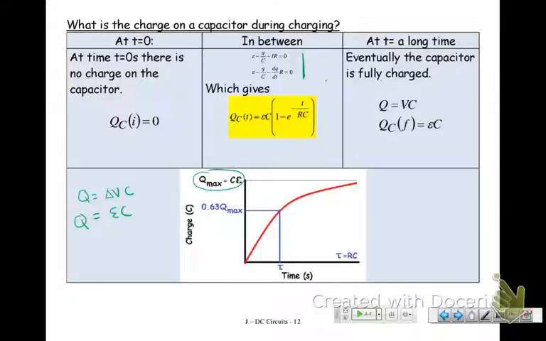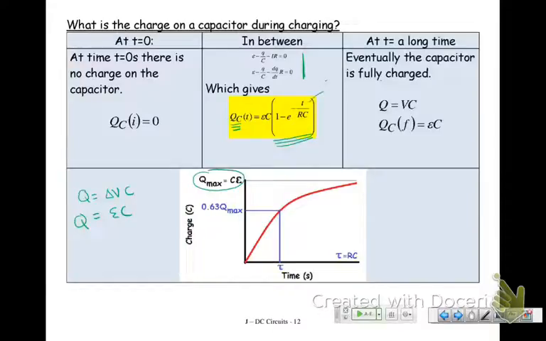So the Q for charging, my maximum charge, would be simply the EMF times C, my EMF times my capacitance. Eventually it gets there, but it's modified by this differential stuff, and the solution is Q = Q max times (1 minus e to the minus t over RC). There's the answer. I'm not going to justify it, just learn it.